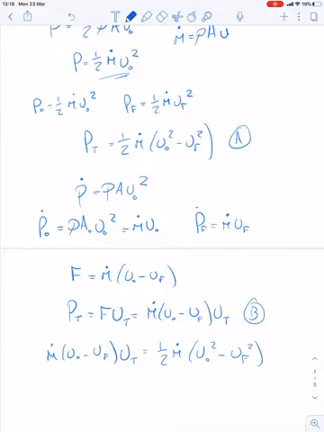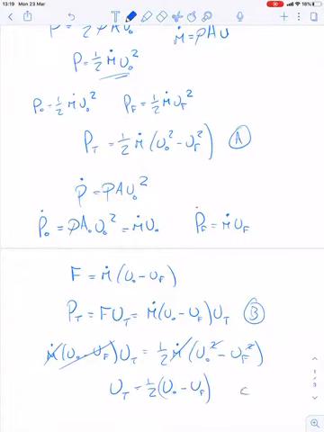We can then do a bit of simple cancellation. The m dot terms cancel out, and the u0 minus uf term will get us to lose the squared terms here. So this leaves us with uT equals a half times u0 plus uf.